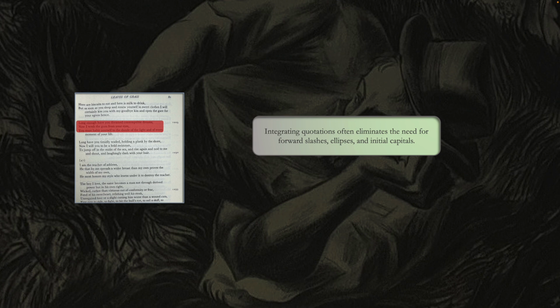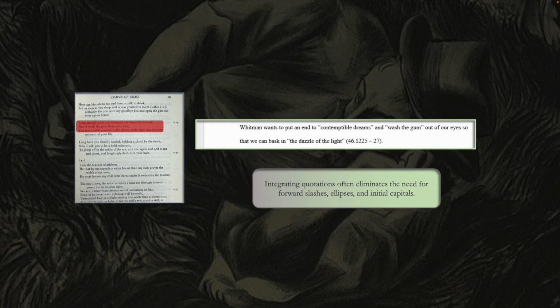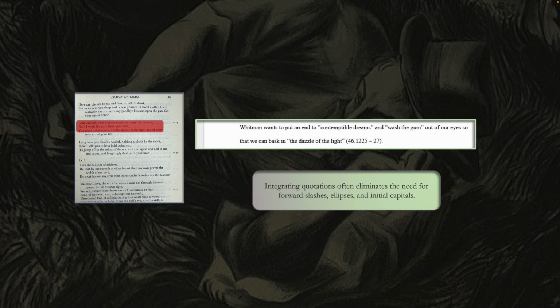So one way to simplify your quotations is not to use attachment methods. Sometimes it's really useful to do it, but integrating quotations often will eliminate the need for using forward slashes, ellipses, and capital letters. So I quoted the same lines in this example, but notice there are no forward slashes, no capital letters, and no ellipses.